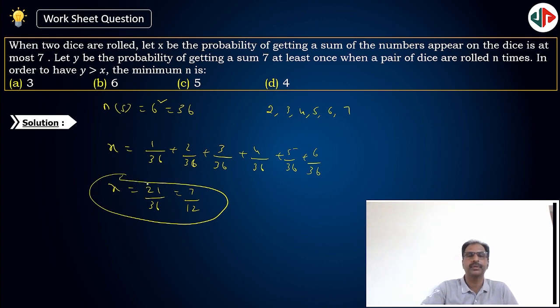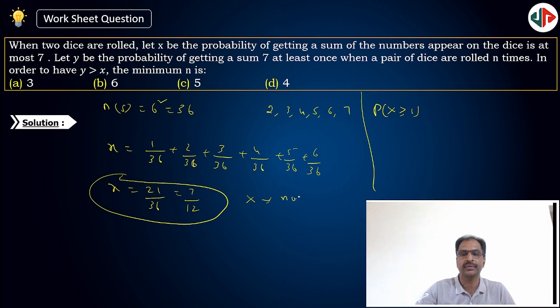Y is the probability of getting the sum at least once. At least once means P of X greater than or equal to 1. Let X denote the number of times of getting sum 7. So P of X greater than or equal to 1 means 1 minus P of X equal to 0.